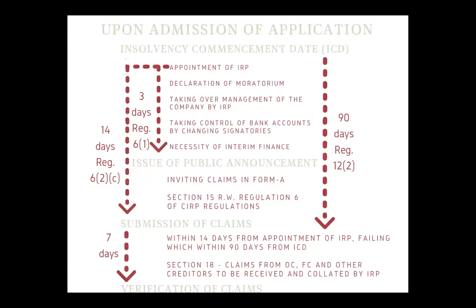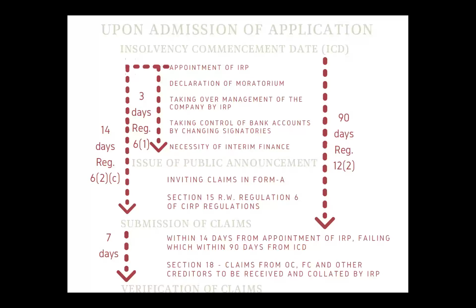Now, after the public announcement has been issued and the claims have been invited, the next thing is, as Ms. Urvashi has rightly pointed out, the submission of claims. So maybe she has a claim which is disputed or unmatured or any other such kind of a secured or unsecured claim. All such claims shall be submitted before the IRP.